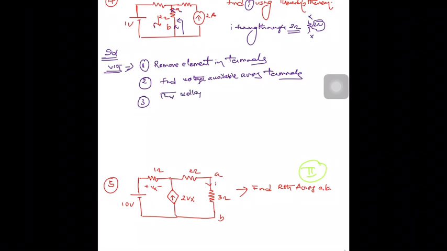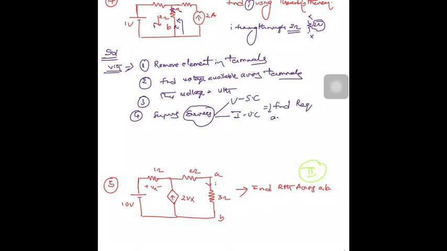This voltage is equal to VTH. Step 4, suppress sources, meaning voltage source short circuit, current source open circuit. Then find R equivalent across the terminals. If you have noted down these steps, then I will erase these steps and I will solve the problem.